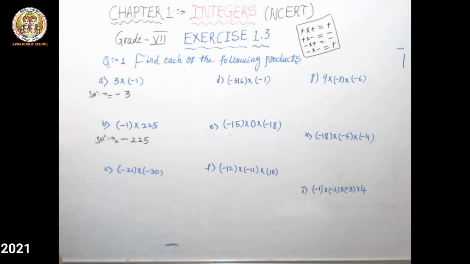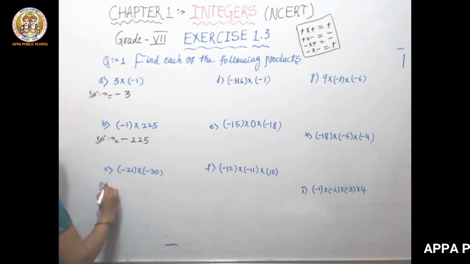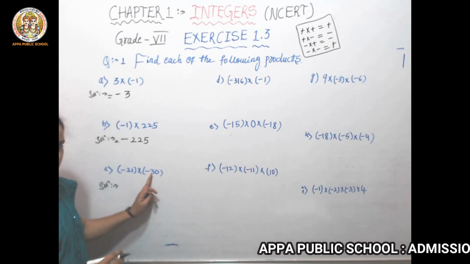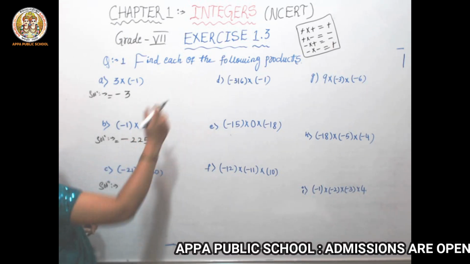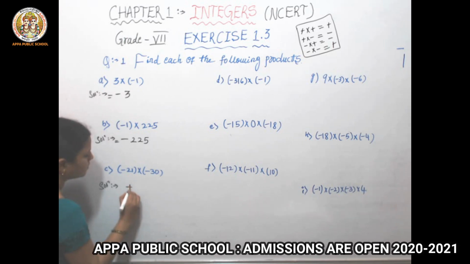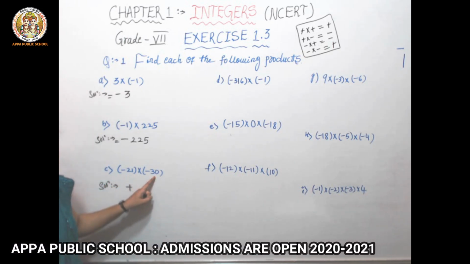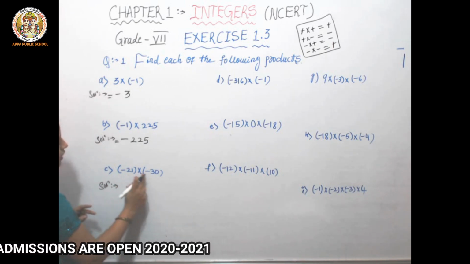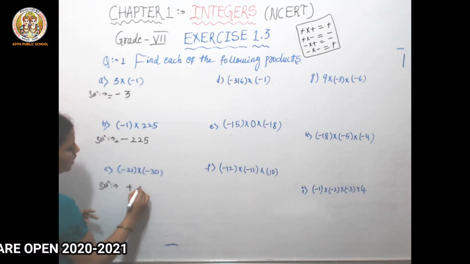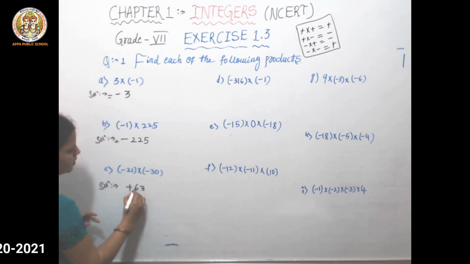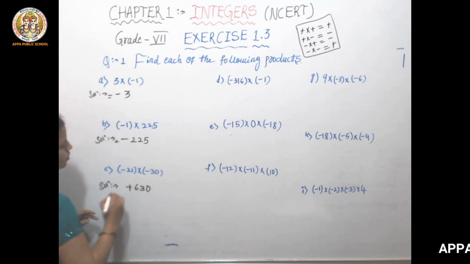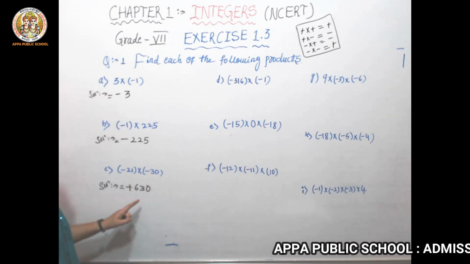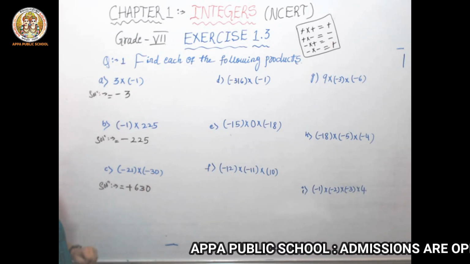The next one, C. See here minus into minus, it is plus. And 21 into 30, 21 into 30 is, 3 ones are 3, 3 twos are 6 and it's 0. So it is 630, 21 into 30 is 630.